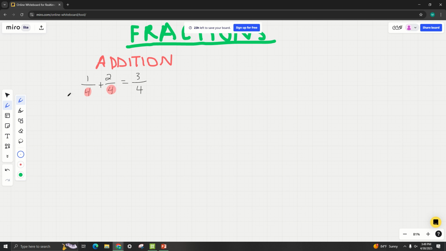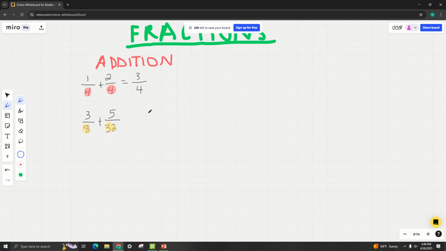Now that was an easy problem. Let's go ahead and get into one that is not so easy. Let's do 3/8 plus 5/32. So the idea here is that we want to get these two denominators to be the same. In order to do that, we're going to have to work with equivalent fractions, turning these into equivalent fractions with the same denominator.